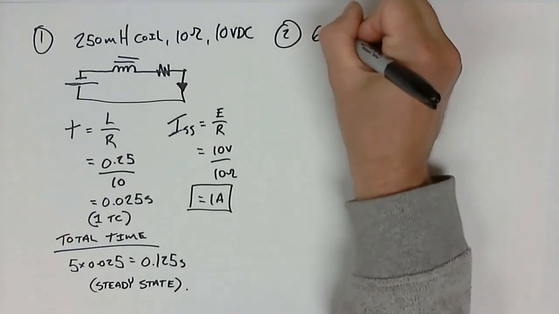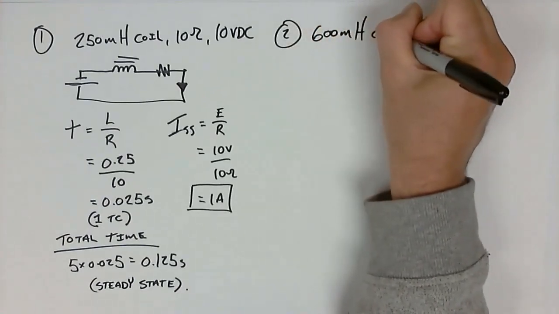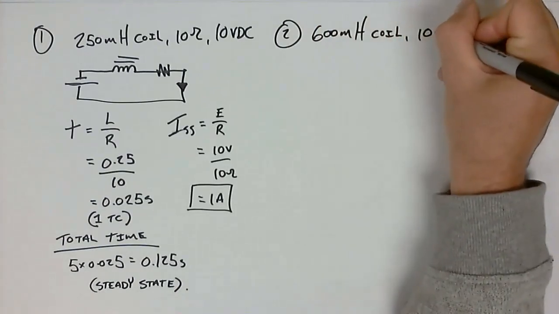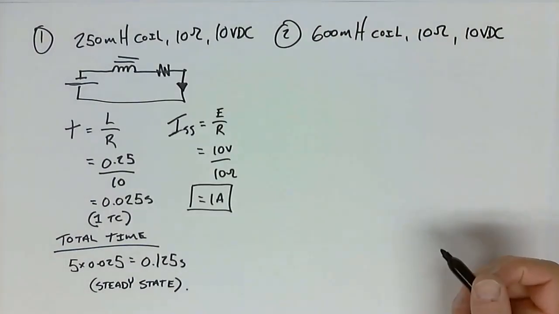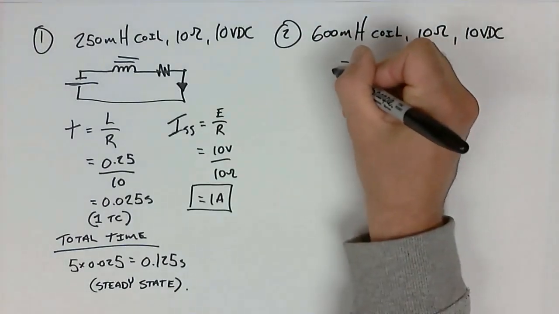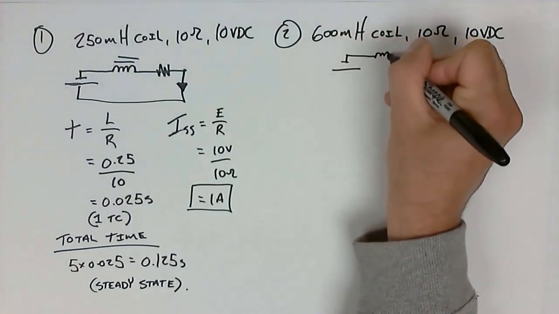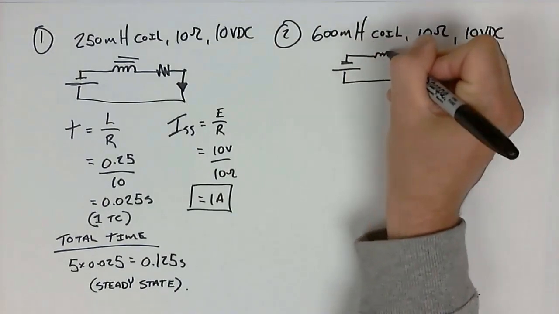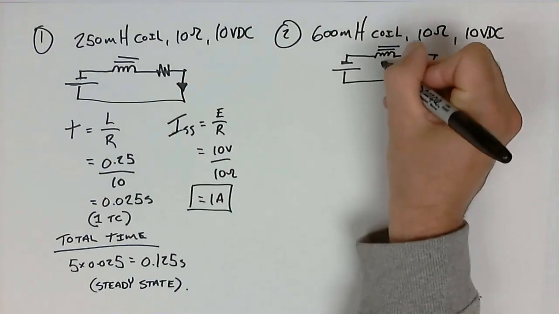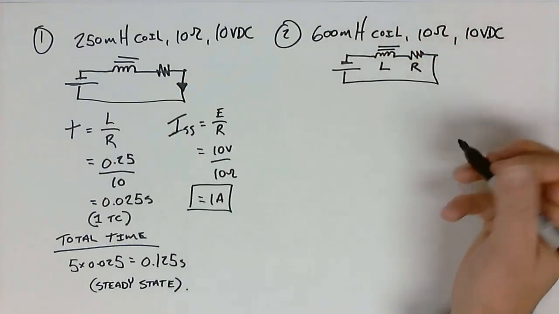Let's look at another example. This time we're going to take a 600 millihenry coil and connect it again to a 10 ohm resistor to a 10 volt DC source. The circuit diagram itself should look very similar. It's a series circuit, got an inductor and a resistor.